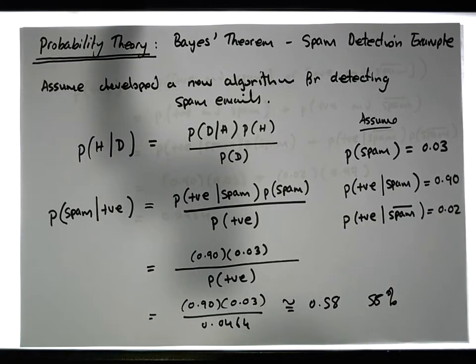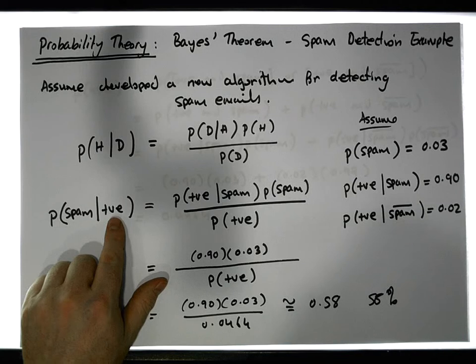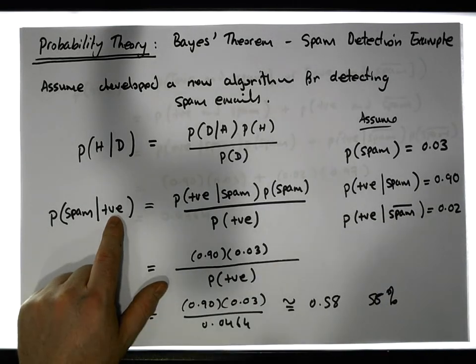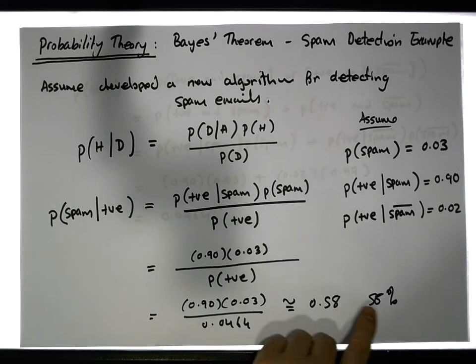That's the answer. So what this is saying is that if we get an email, and our algorithm gives us a positive result, which we know because our algorithm is going to say, bing, bing, that's a positive result, then the probability that the email was actually spam is a 58% chance.